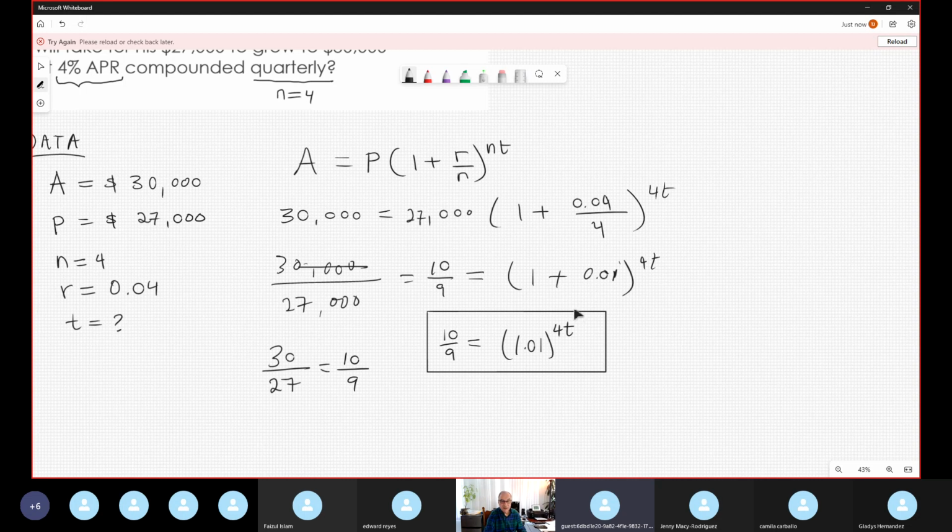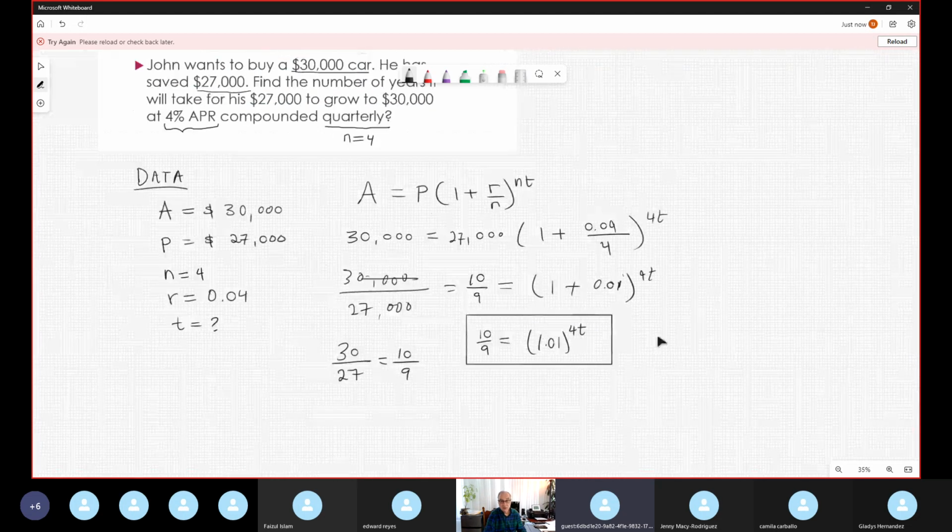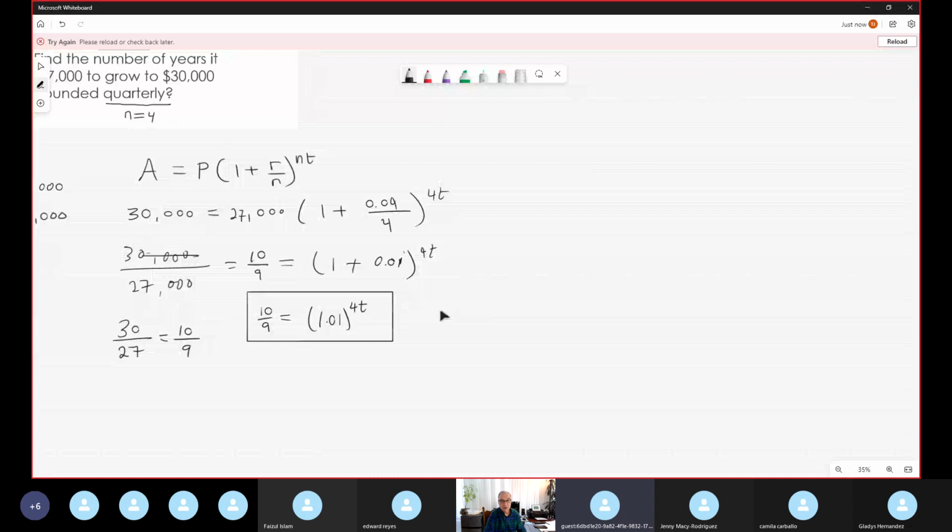Now, how do we solve this equation? This equation is impossible to solve in the traditional way, expressing the common base. Therefore, you need to apply logarithms. Either kind works, because we finish in the calculator. You apply ln of 10 over 9 equals ln of 1.01 raised to the 4t. Then you apply property number 7, which allows the exponent to go to the front as a factor.